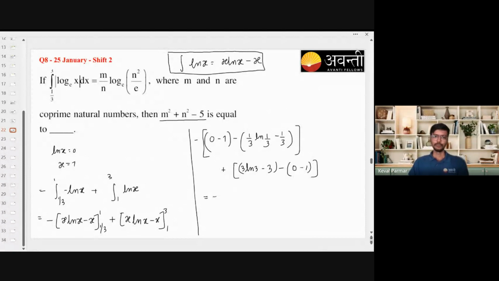So let's open the brackets here. We'll get minus of minus 1, minus 1 by 3 ln 1 by 3, plus 1 by 3, plus 3 ln 3 minus 3 plus 1.